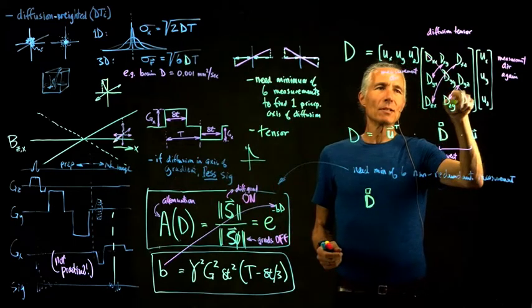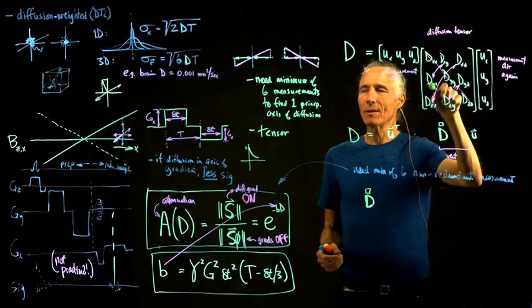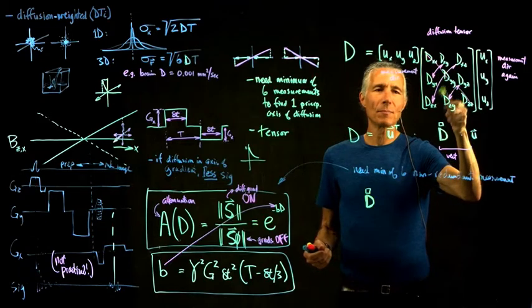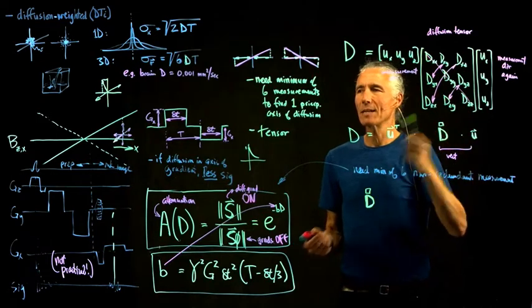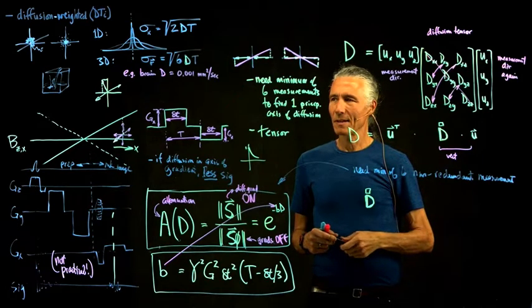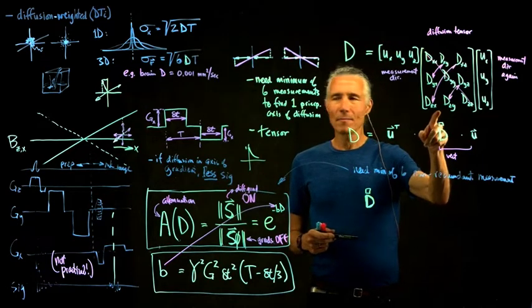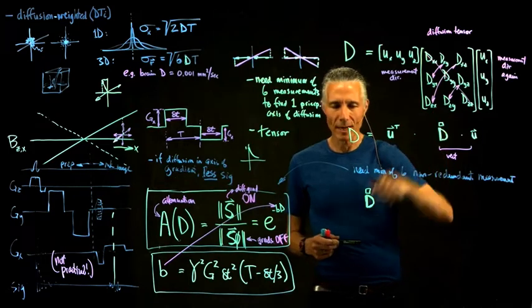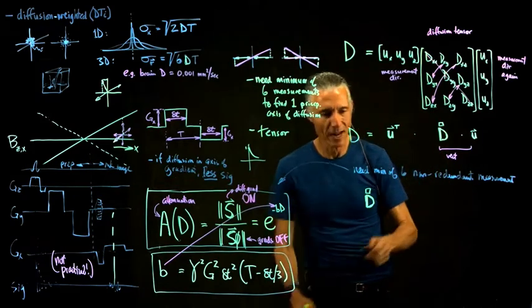This is just measuring diffusion in an XYZ coordinate, but what if the biggest direction of diffusion is halfway in between the X and the Y coordinate? We're not going to be able to figure that out from this matrix directly. So for that, we have to solve the eigenvalue problem.